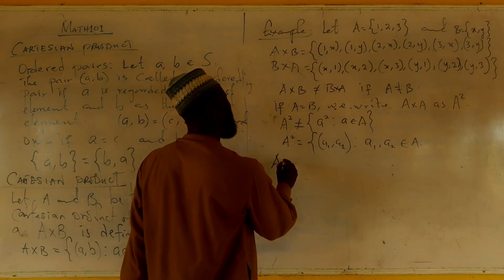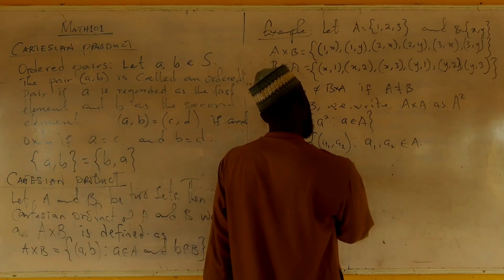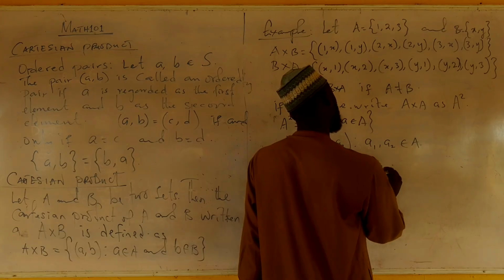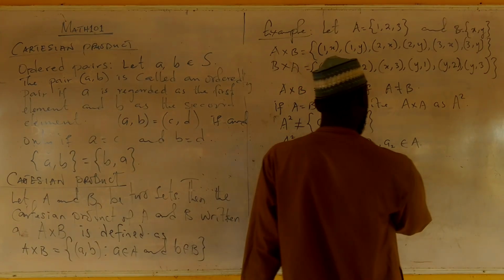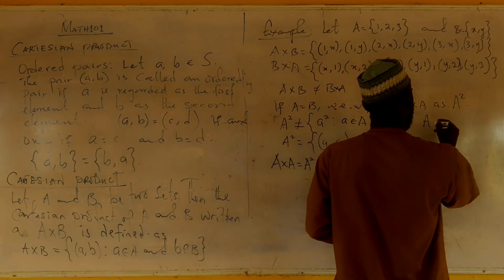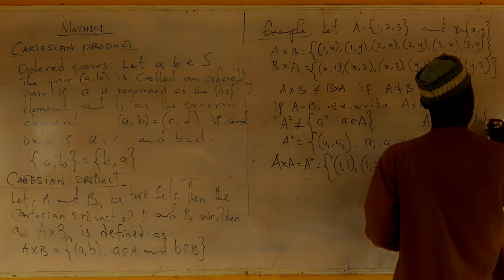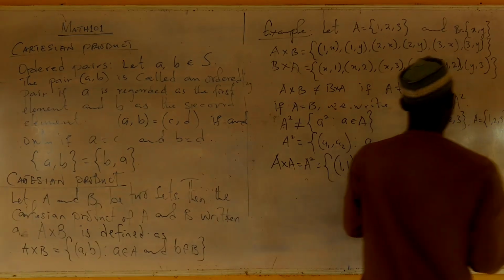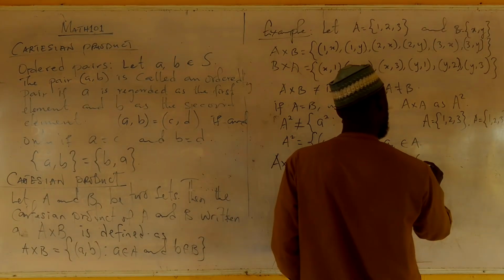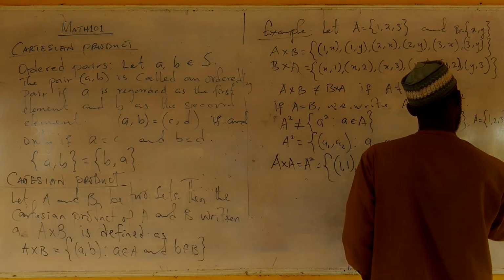If you ask me to find A cross A, which we write as A squared, it is 1 with 1, 1 with 2, 1 with 3, and then you go to 2. 2 with 1, 2 with 2, and then 2 with 3.